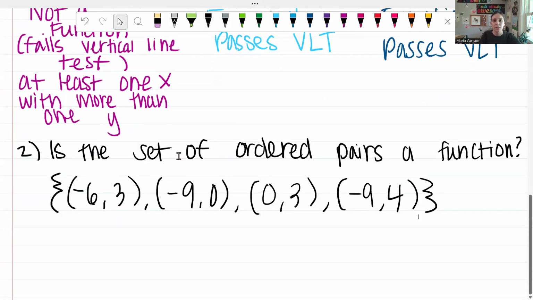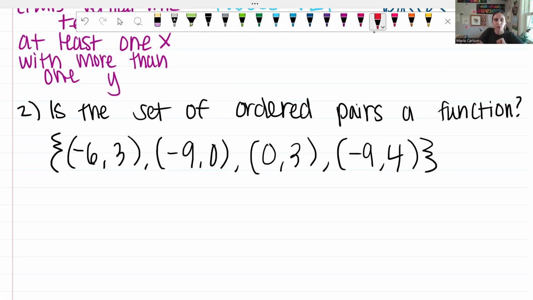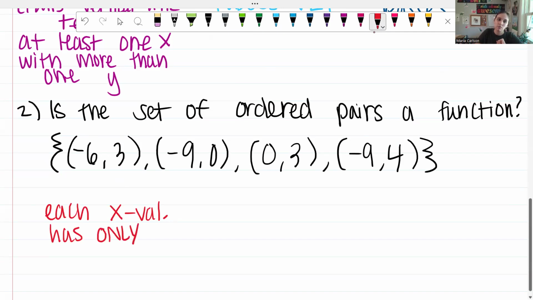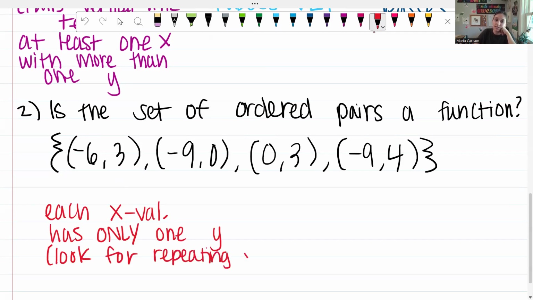So remember, if a relationship is a function, each input, each x value, has only one y. So I want to look for repeating x values. If I see x values that repeat with different y values, that means that there's an x value that has multiple corresponding y values. So I'm going to look at my x values.